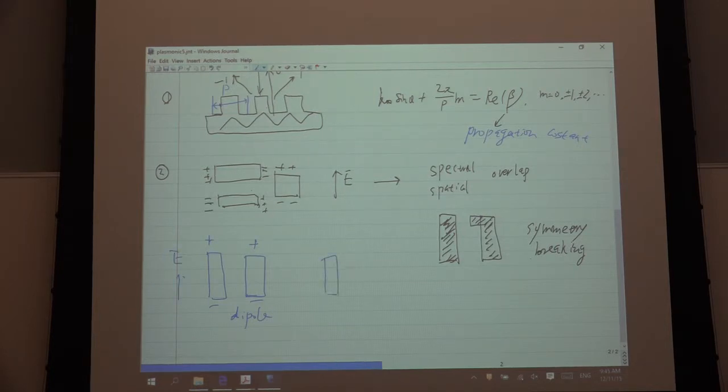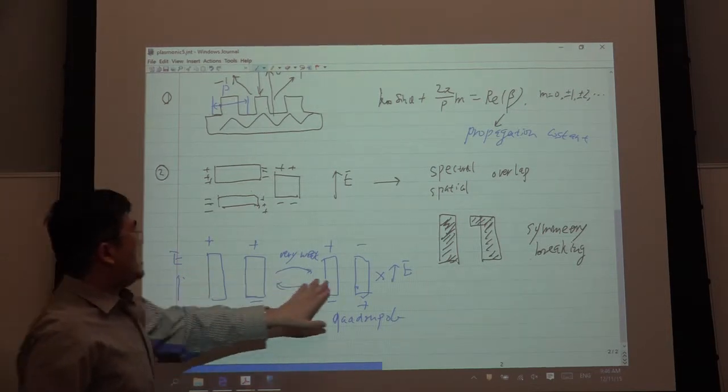But the E field cannot excite this one so easily, because the net dipole equals zero. And this coupling is also very weak, because the net dipole is zero.